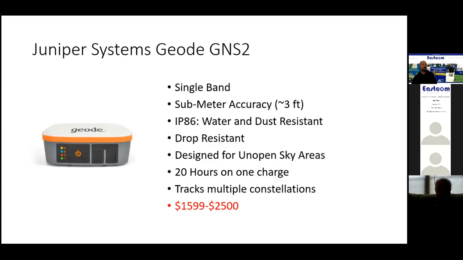The Geoid is sub-meter. You're looking at about $1,600 to around $2,500, depending on what you want in the unit. But it will get sub-meter accuracy. I've tested it in the field. I've gotten about 1.5 feet, no correction, no internet correction whatsoever, 1.5 feet.